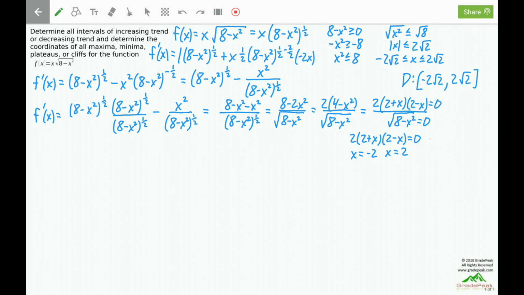Now working with the denominator, the square root of 8 minus x squared equals 0. We can square both sides because the square and square root cancel each other out. 0 squared is 0. We can subtract 8 from both sides. We can divide both sides by negative 1.